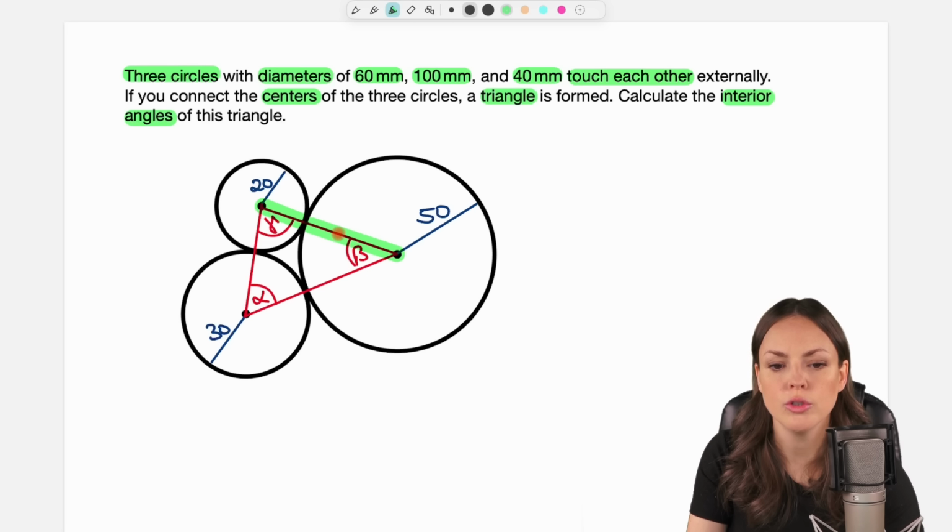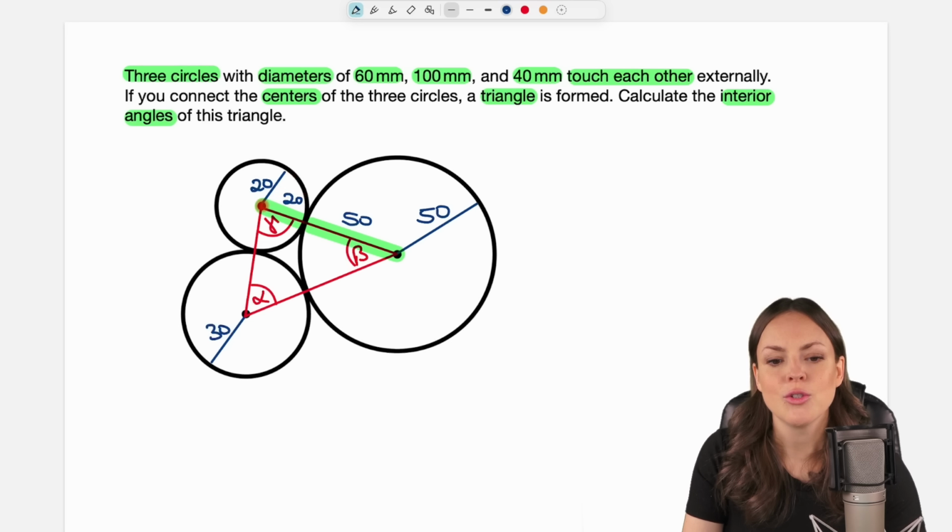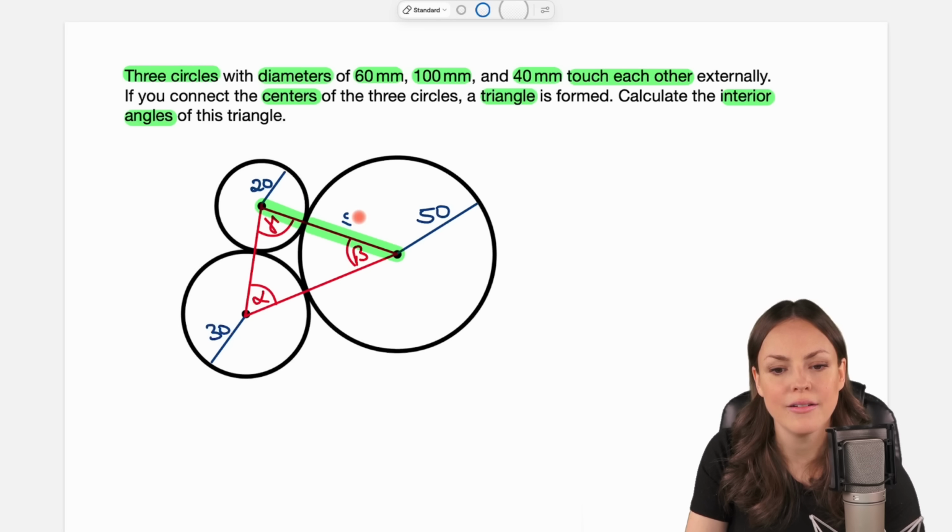From the center to the edge of my circle, this is the radius, so it is a length of 50 here. And the same thing for this left part. This is the radius of my small circle, so it is of length 20. So the entire side is of length 20 plus 50, so it has a length of 70 in total.